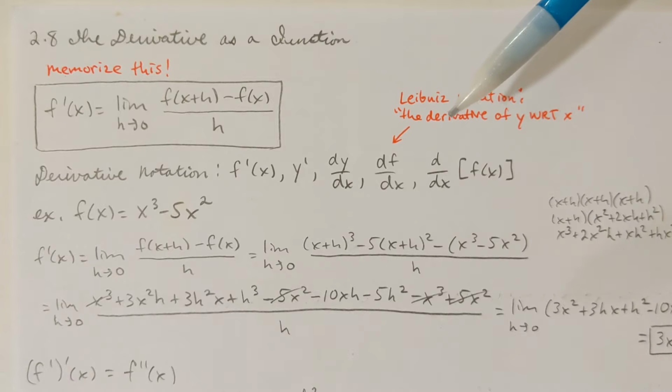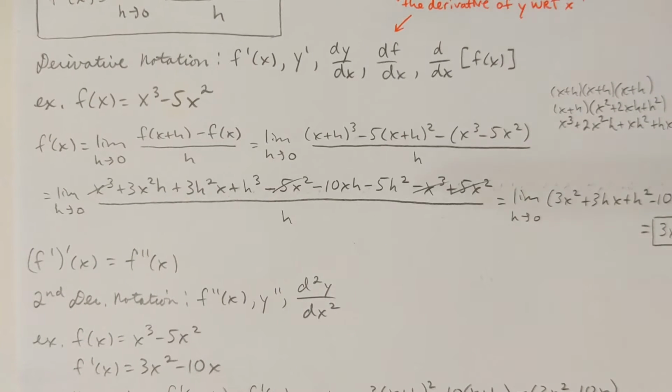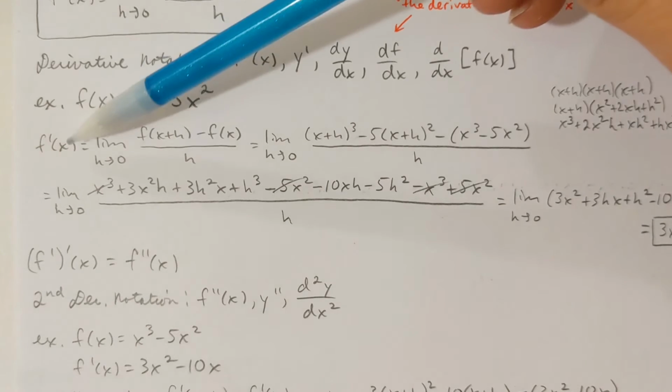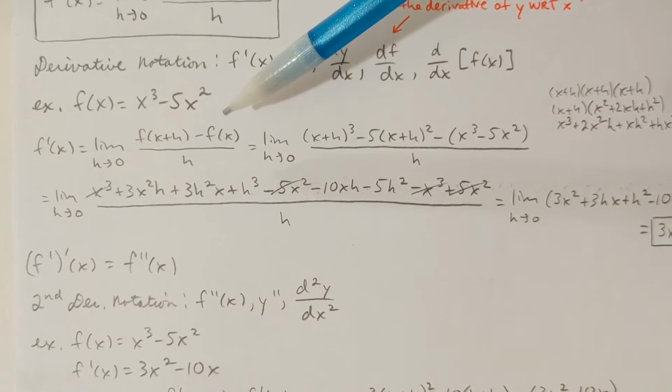Okay, let's take a look at an example here. So suppose we have the function f of x equals x cubed minus 5x squared, and we want to find the first derivative of f with respect to x, or f prime of x. Well, I'm going to start by writing the limit definition here.